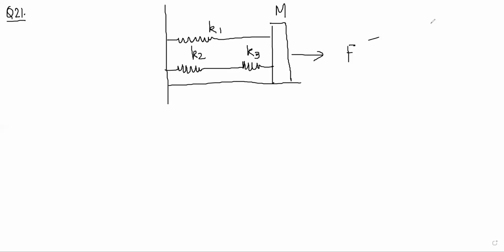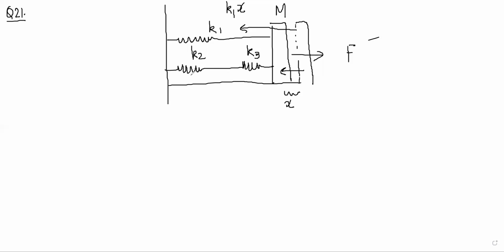Without using a formula, how will you do it? You have to displace it by some amount. Let's say we displace it by an x amount. So restoring force due to this is k1x, and restoring force due to this system is different now.